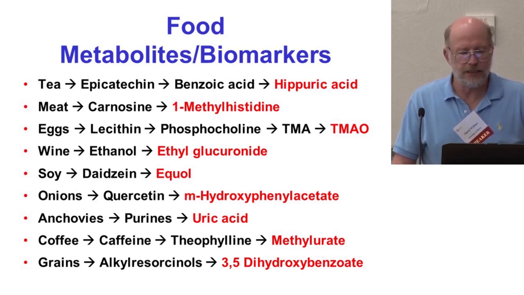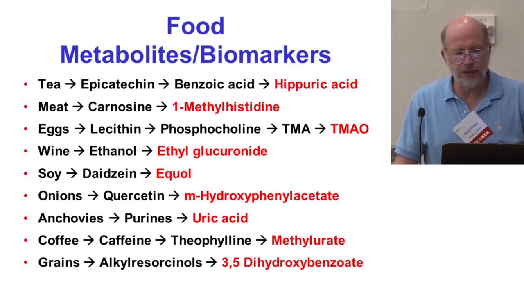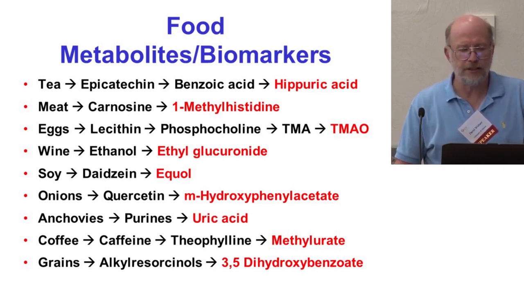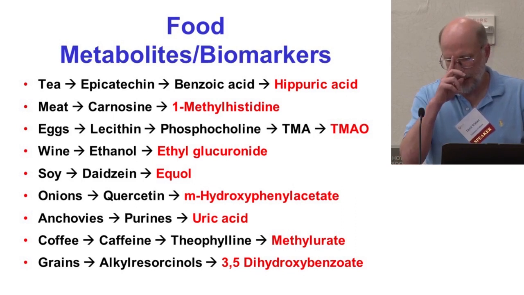If we ate meat, as most of us did this afternoon, the meat will be decomposing into carnosine, which will then produce methylhistidine, which is a marker for meat consumption. Eggs have lots of lipids. That lecithin is broken down to phosphatidylcholine, eventually to trimethylamine, and finally to trimethylamine oxide, and so on down the list. So the things on the left are essentially the foods. The thing in red is essentially the biomarkers, and many of them, as I say, are transformation products.